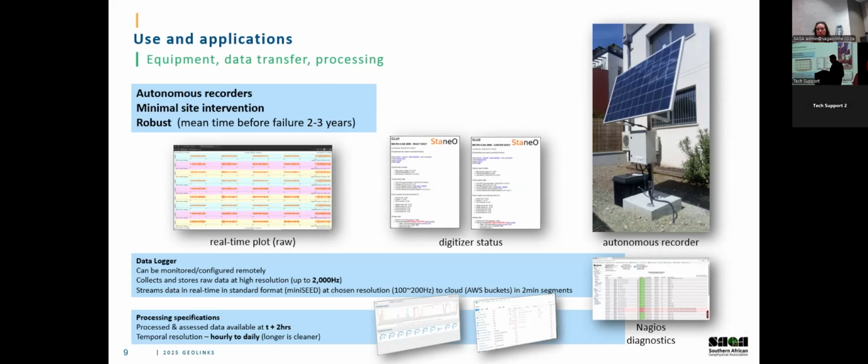So the data logger can be monitored and configured remotely. It collects and stores data to a high resolution, up to 2,000 samples per second. We don't use it for monitoring at that level. We typically stream data at 100 or 200 hertz to the cloud, and that's using Amazon Web Services. It's what do you call it?